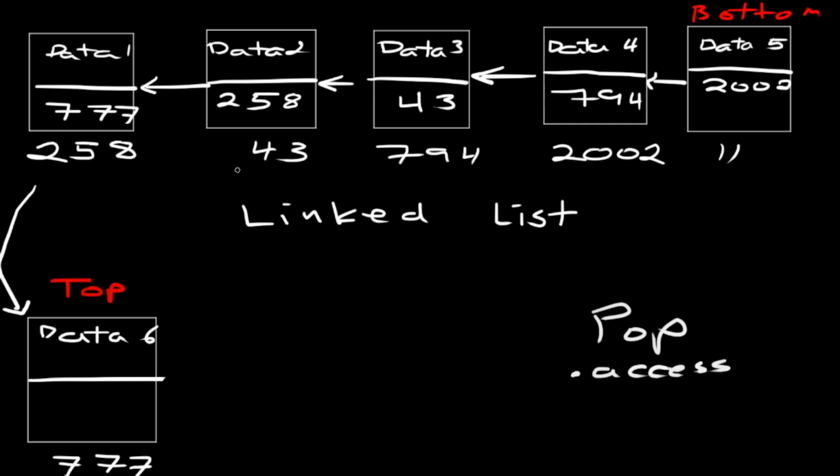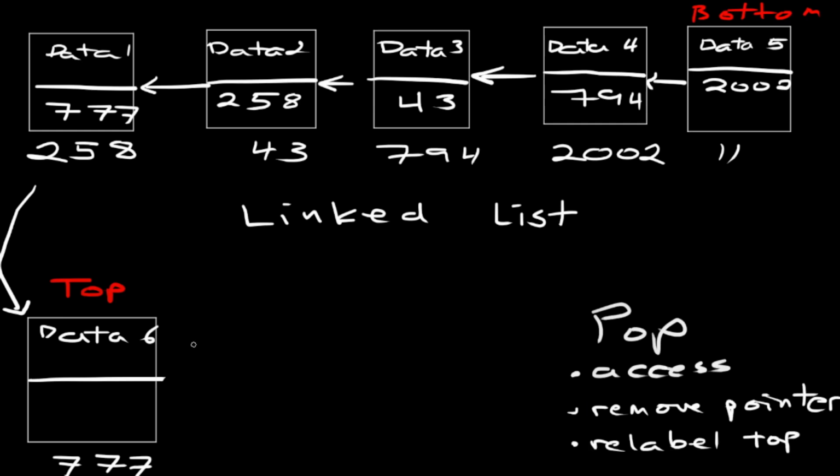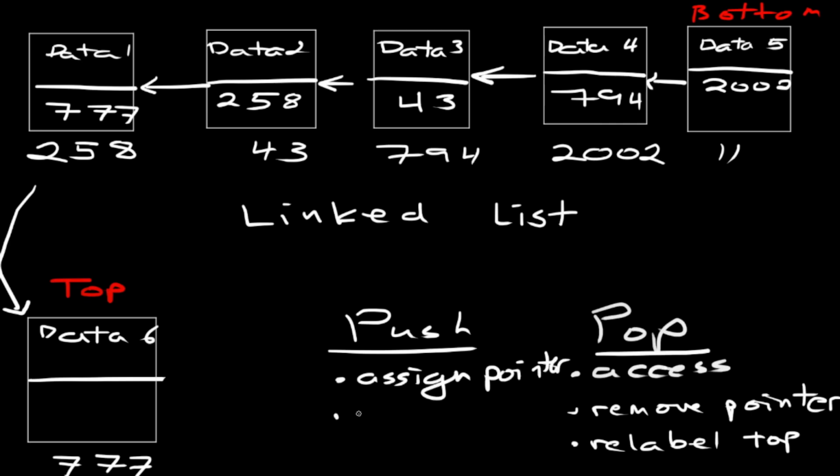But either way, all we're doing is removing the previous pointer and relabeling what's on the top. And to summarize push, just so that I have both here, what we're doing is we assign a new pointer to the new data, and then we relabel the top.